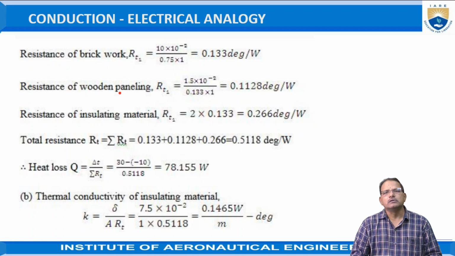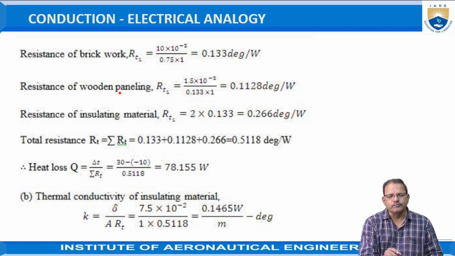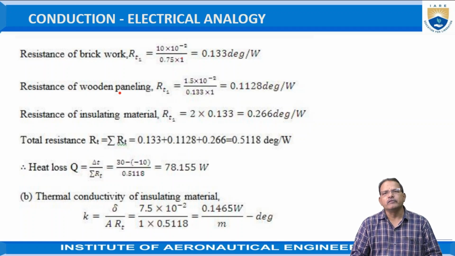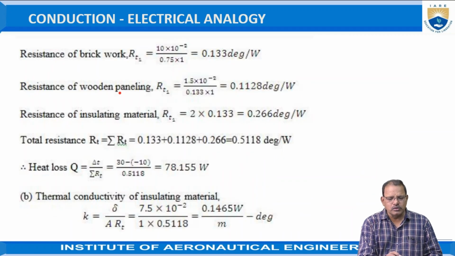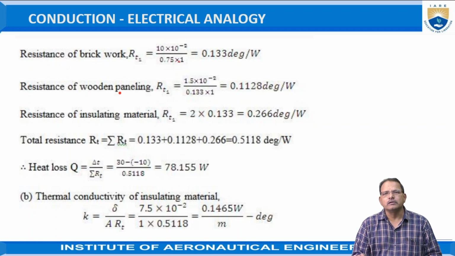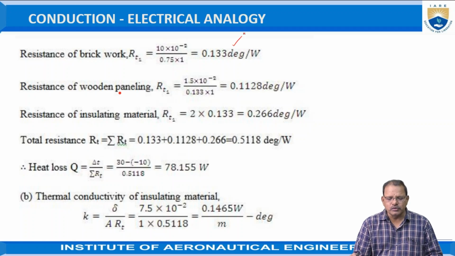The resistance of the brickwork RT1 is equal to L1 divided by Ka A. Using the relation, 10 into 10 to the power of minus 2 divided by 0.75 into 1, we get 0.133 degree per watt.